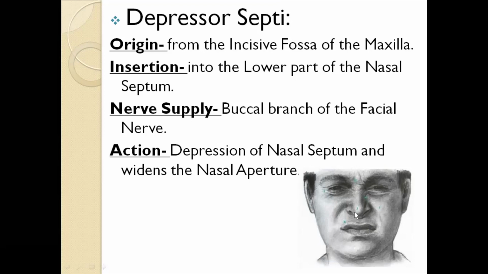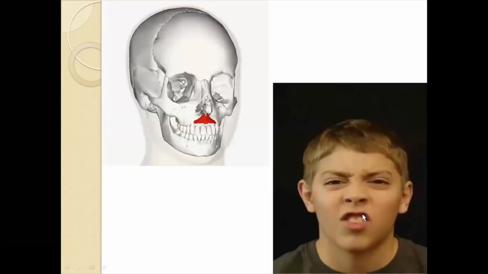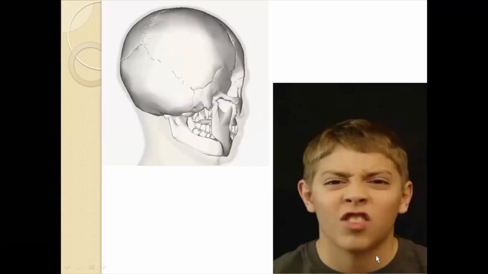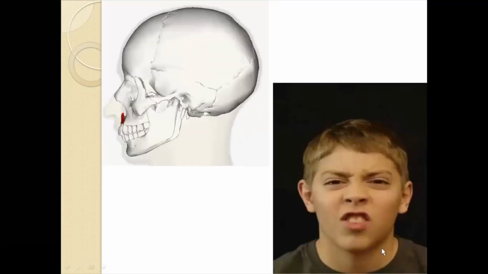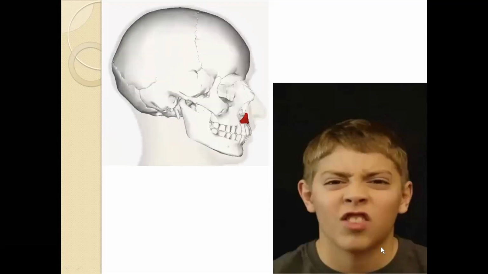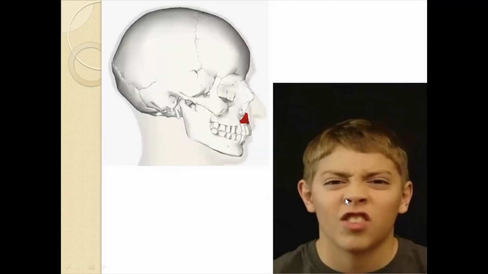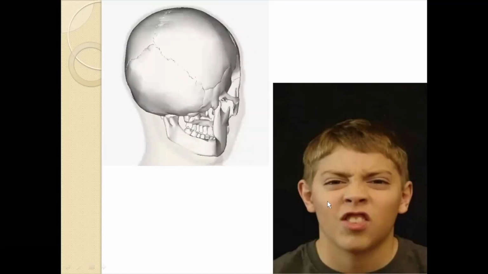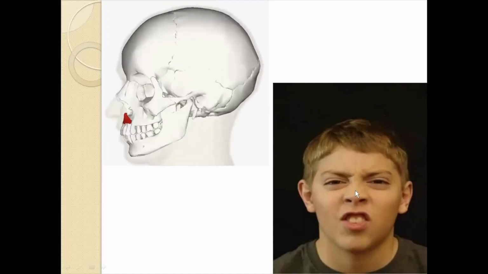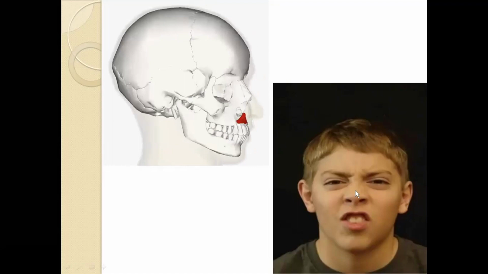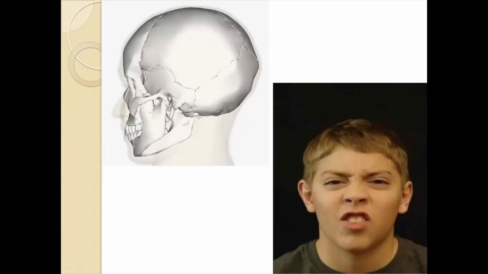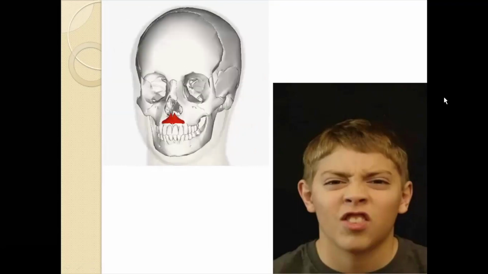What is the action that this muscle does? It causes depression of the nasal septum and widens the nasal aperture. You can appreciate it from this image. What is the action of depressor septi? This is the depression of the nasal septum, okay, and it widens the nasal aperture. This is what the image shows, and with this image you can remember, like I told you, the specific mnemonic for all the muscles around the nose. Please don't sleep now. This was the reason I was telling you.